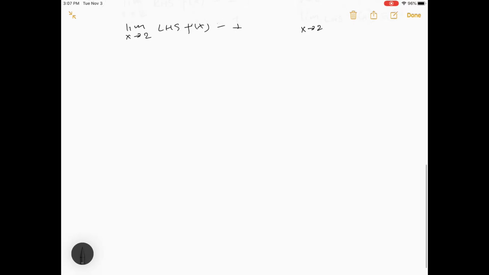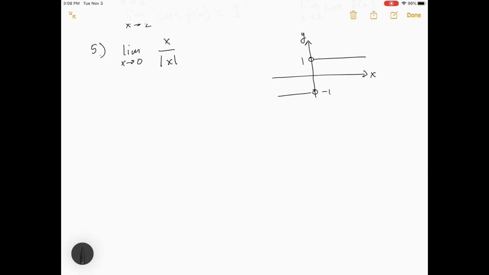Now I will look at a different example. So for problem number 5, I'm given the limit as x goes to 0 of the function x over absolute value of x. Now I am going to graph this function. So the graph of this function looks like this. We see that at x equal to 0, the function is discontinuous.